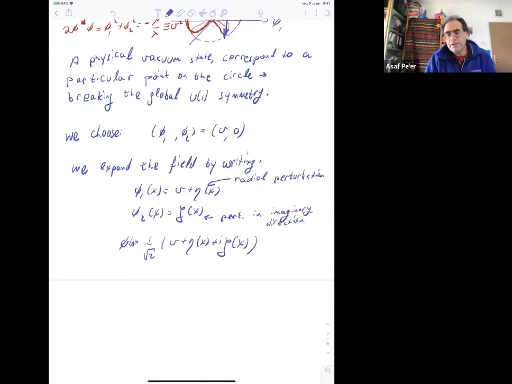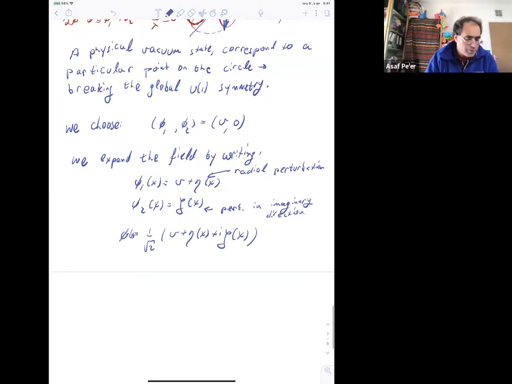So again, now it's just a matter of simple algebra, putting all that back in the Lagrangian, and using the fact that phi star phi is just 1/2 ((V plus eta) squared plus psi squared). And again, mu squared is minus lambda V squared.